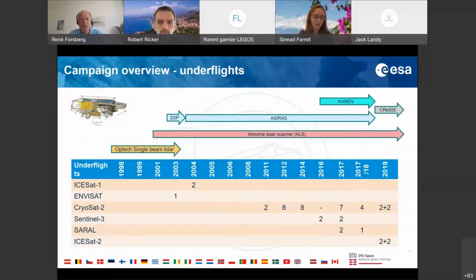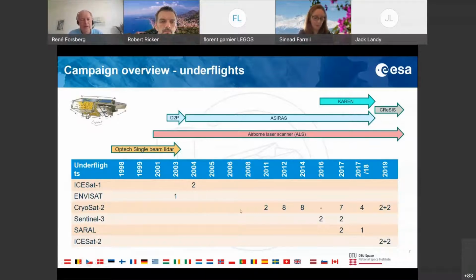Here's a campaign overview where we have the different satellite underflights. Trying to hit the satellite at the same time as the satellite overpass is actually quite challenging. The satellites don't care about work hours, weekend closures, or day or night. So they're coming when they're coming, and just making sure we get underflights in near real time is quite a logistical challenge. We see we had IceSat-1 underflights, actually in 2004.